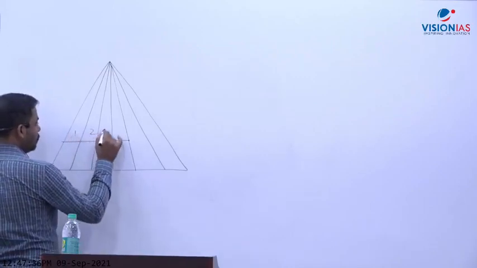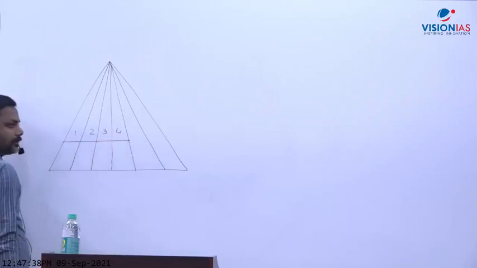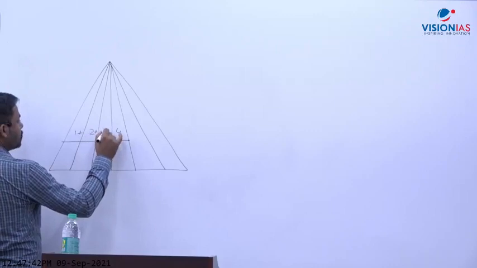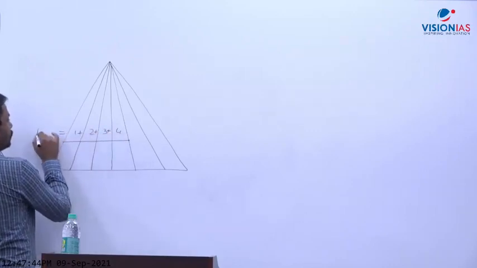So till that particular point, how many triangles are there? 4. So add these values, 1 plus 2 plus 3 plus 4, which is 10.